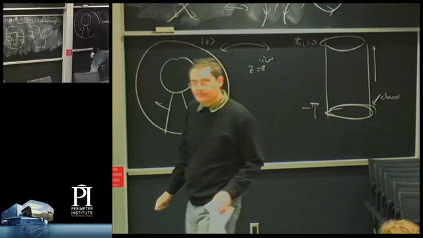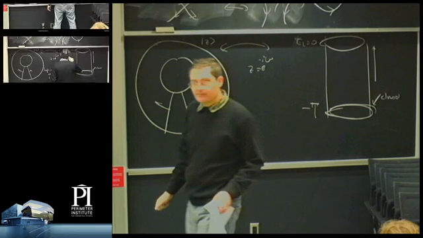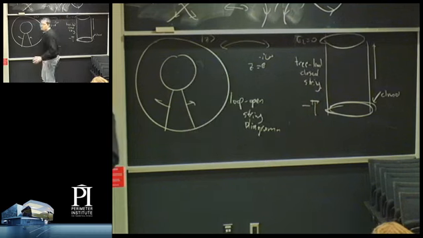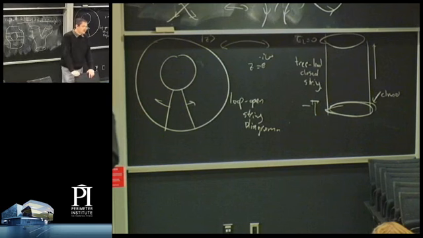So this is a loop open string diagram. But this is equivalent to a tree-level closed string. And to go from one picture to another, you just have to set up different coordinates on the world sheet.